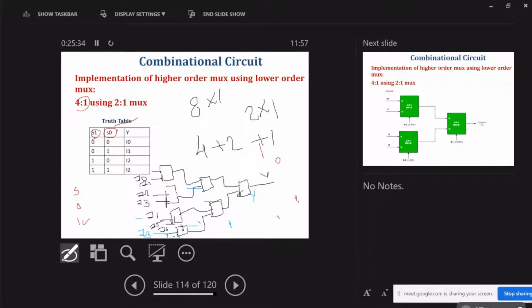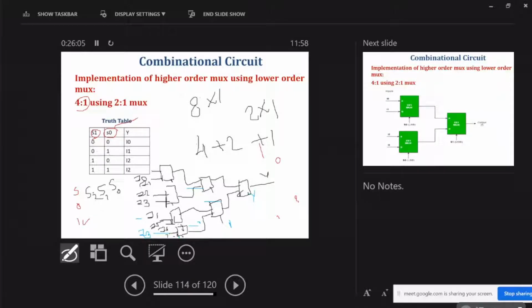One more thing is how to select the selection lines. We start from the LSB to the MSB. Suppose the order is S2, S1, S0. The rule is to find the truth table and then see the order of the selection lines.